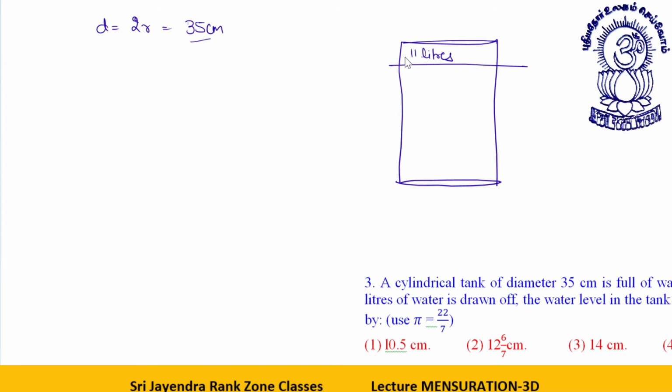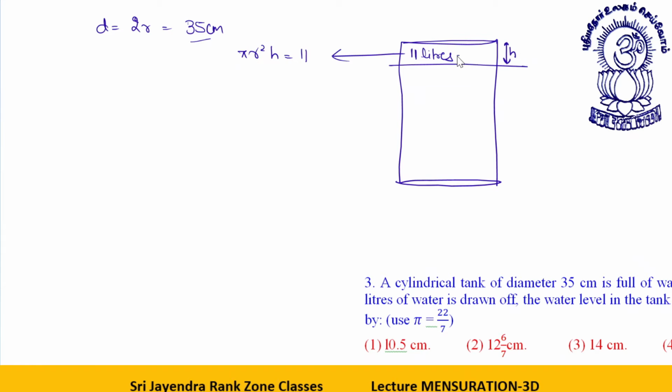Okay, so what will be the volume of this 11 liters? Let's say this portion is height h. So this 11 liters will be what? Pi r square h is equal to 11. This much water is suppose 11 liter, and its height is h. So what will be the volume of this portion? The volume of this portion will be pi r square h.